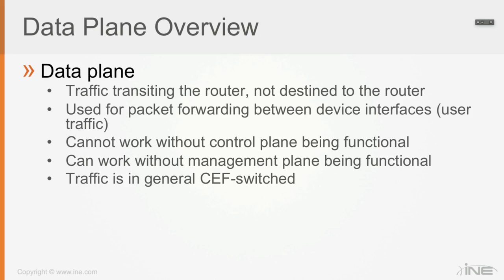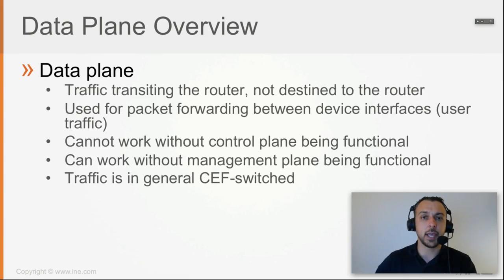And data plane traffic is in general CEF switched, which means forwarding is going to be done in hardware or in software, because we want line rate, low latency packet forwarding, which is going to be done via CEF. I said in general because, depending on the packet type, the router, even if it's a transit packet, may end up CPU processing or process switching the packet.